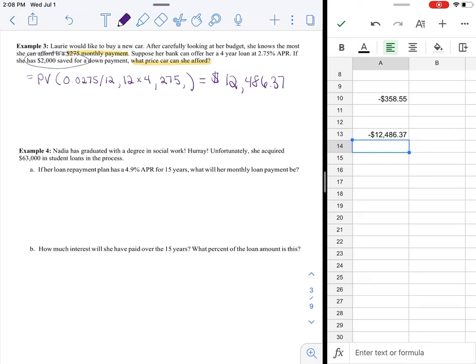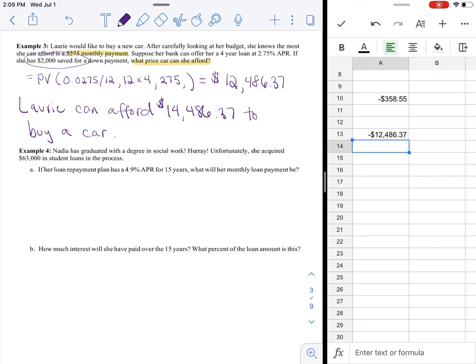So really, Lori can afford $14,486.37 to buy a car, because she already has that $2,000. So I just added the $2,000 to the $12,000.